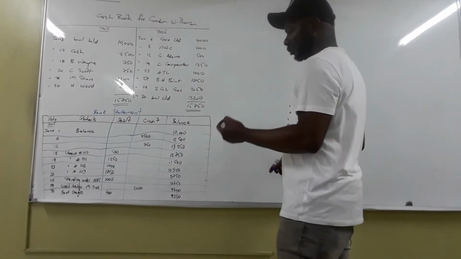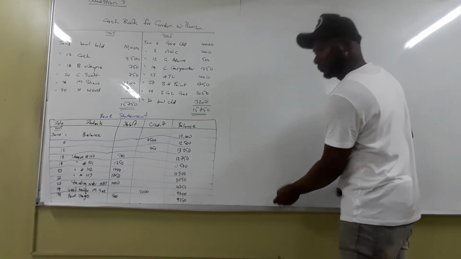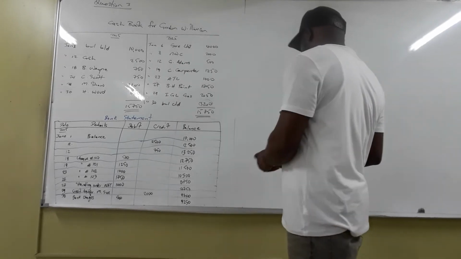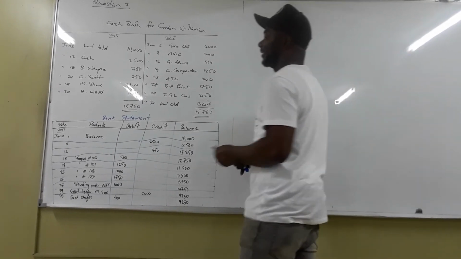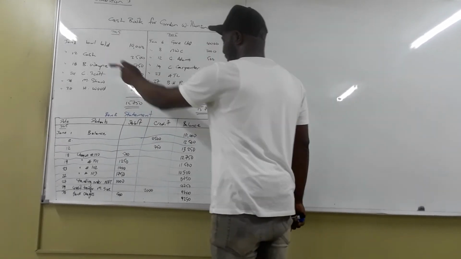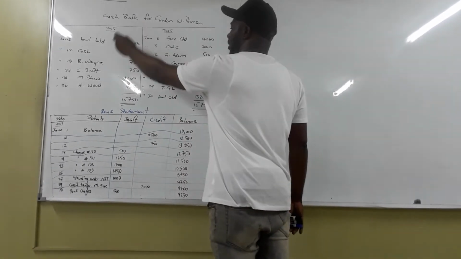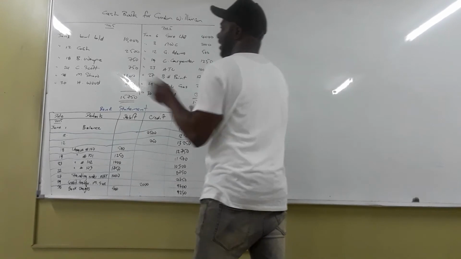Now to do so, we'll be comparing the debit side of your cash book with the credit side of your bank statement.